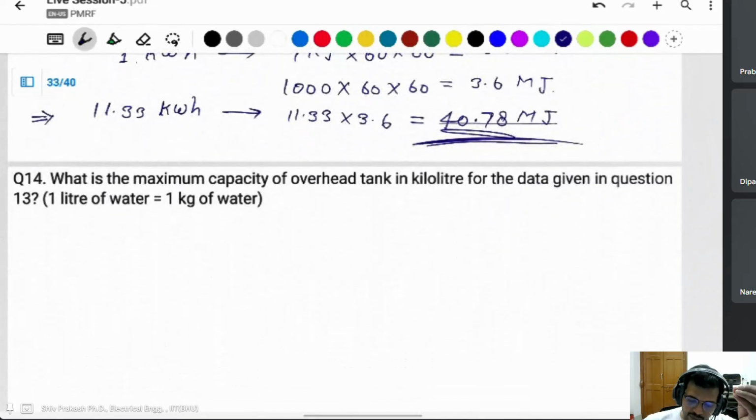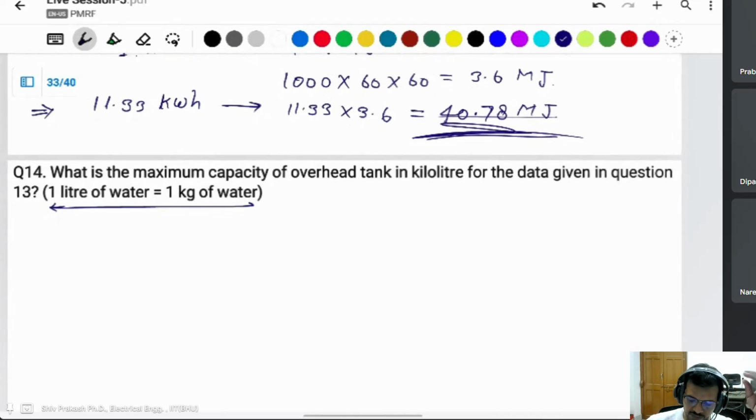What is the maximum capacity of the overhead tank in kiloliter for the given data? Question: 1 liter is equal to 1 kg of water. Actually it is not exactly equal, but in the given question 1 liter is equal to 1 kg capacity.